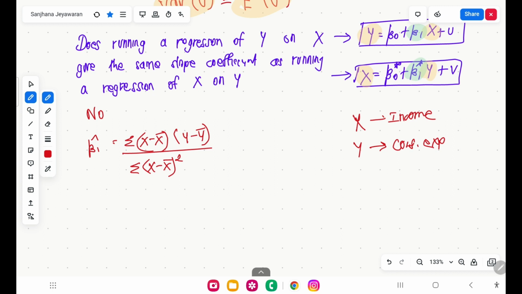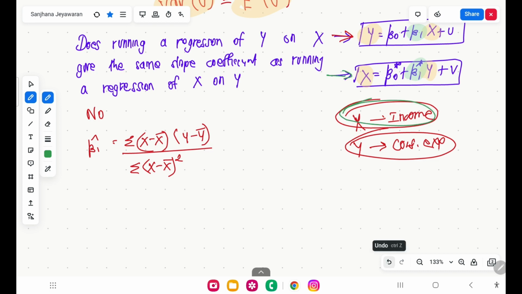So in the first one, where we take y on x, we are taking y as consumption expenditure and x as our income. But when we do the other one, x on y, we are switching these two. So here x becomes the dependent variable.